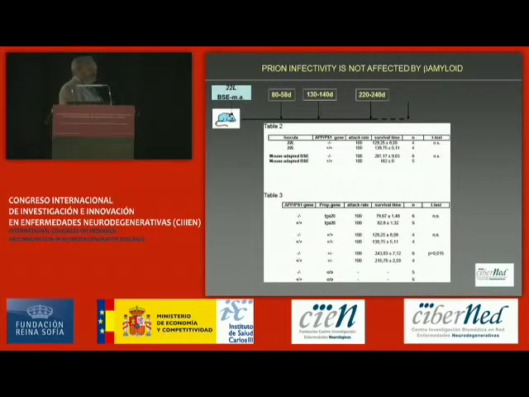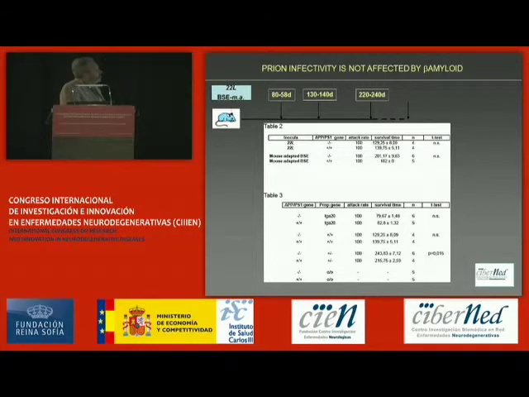The second point was, we're trying to answer the question: does the presence of APP modify the infectivity of the prions? And the experiment was done using two different prions. One is the strain 22L, which is a prion mouse adapted for many years and used in many laboratories.